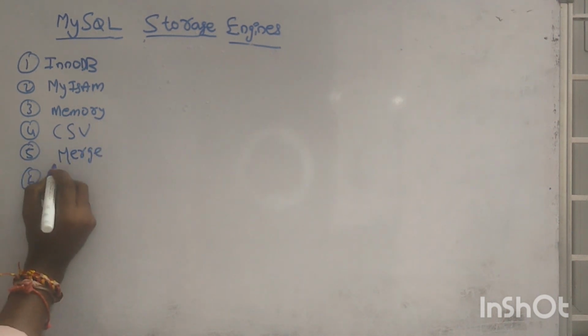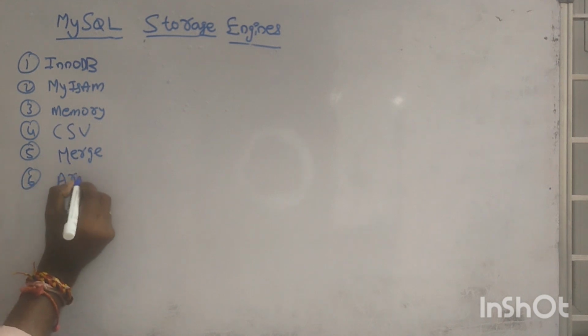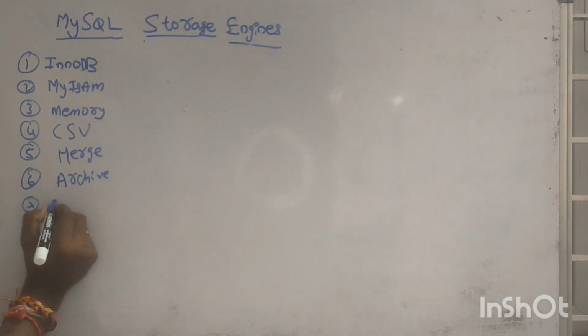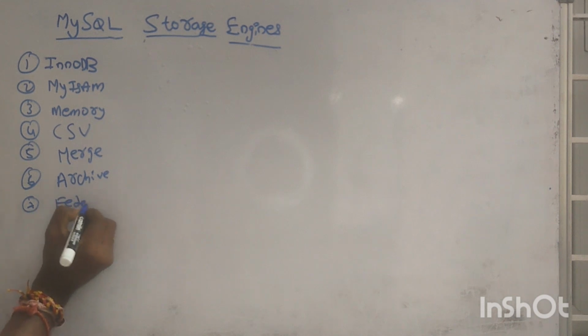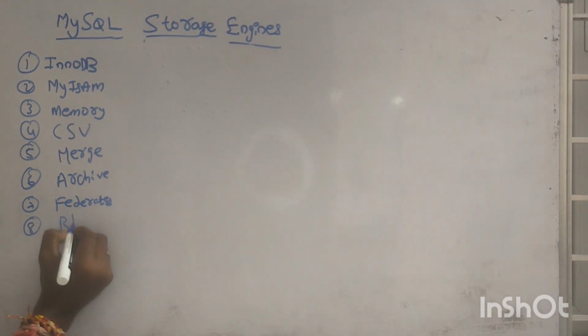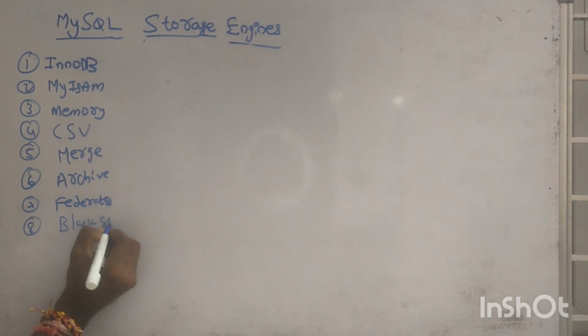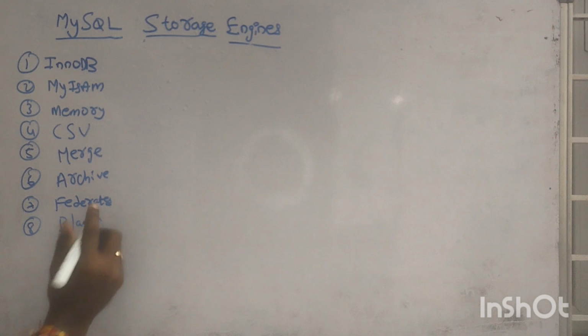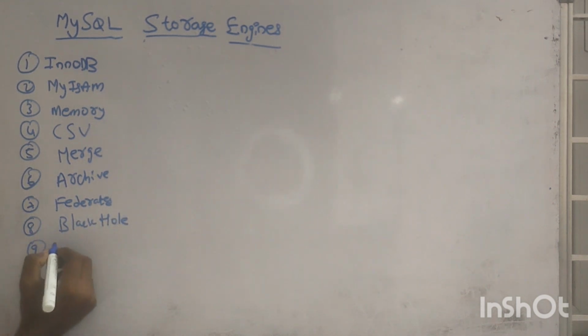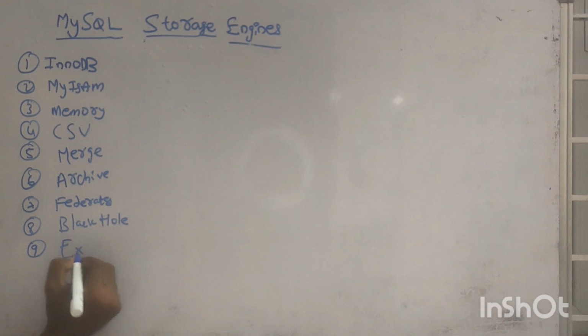The sixth one is the archive storage engine. The seventh one is the federated storage engine. The eighth one is the blackhole storage engine. And the last one is the example storage engine. The storage engine name is example.